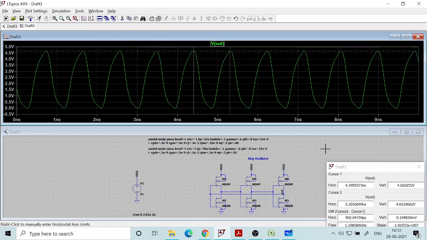So the relationship is something like this.